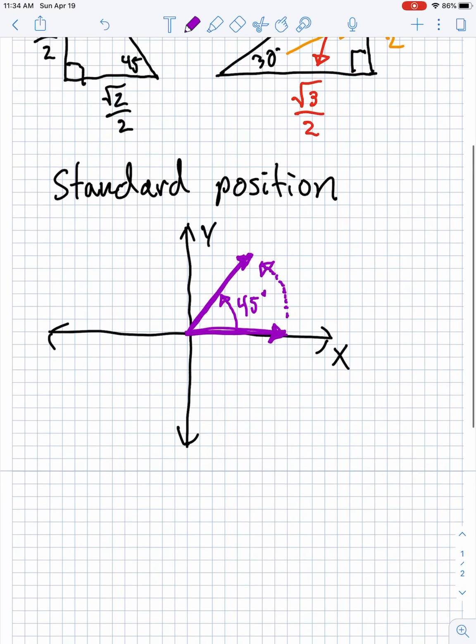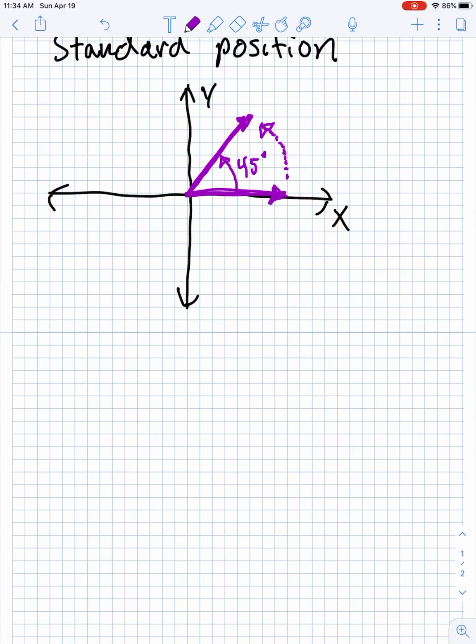Just another example. Let's say somebody said graph, let me think, 200 degrees in standard position.